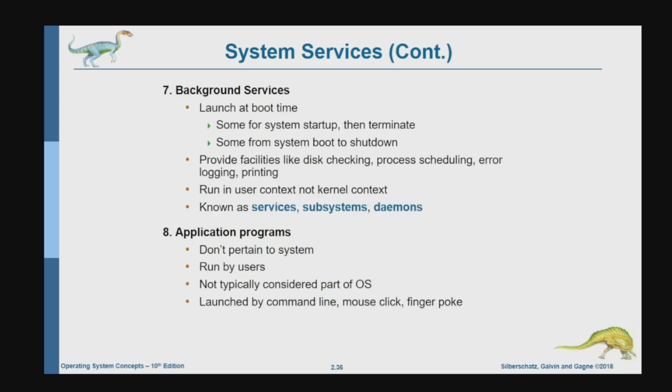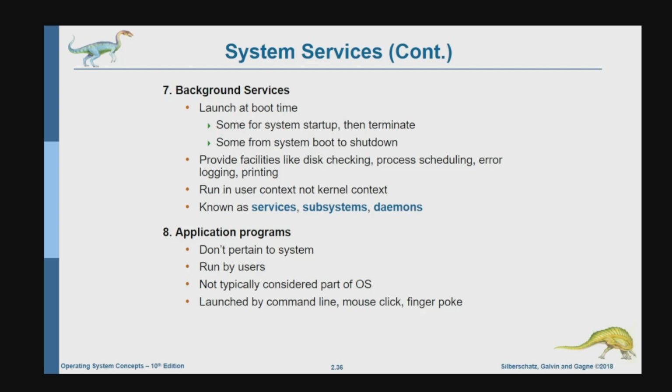And then we have background services. These launch at boot time when you boot your PC, some for system startup, and then terminate, and some run from system boot to shutdown. It also provides facilities like checking, scheduling, logging errors, and printing, and runs in user context, not the kernel context.